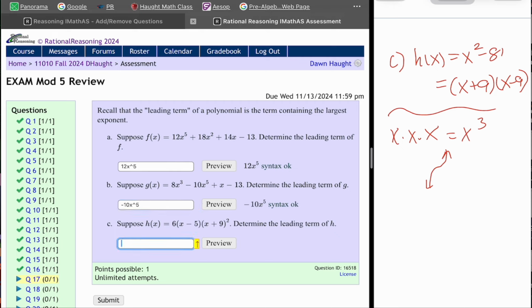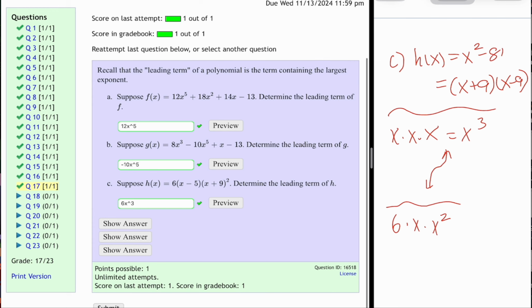You have to include the 6, any front coefficient, if there's just a singular x. Our first thing has an x in it. Our next, if you multiply those x's, would be an x squared. And so we would have a total of 3 x's multiplied together. So those are the lead term questions. There is question 17.